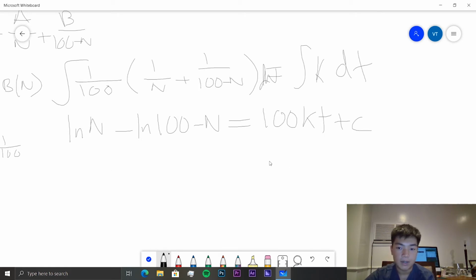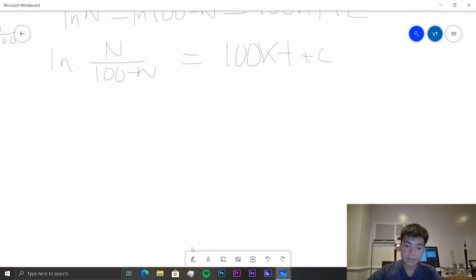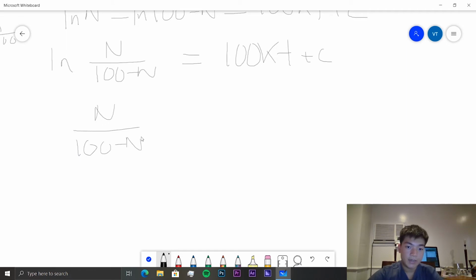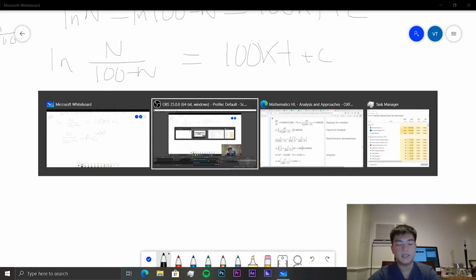So we can write this as ln of n over 100 minus n is equal to 100 kt plus c. And so we have n over 100 minus n is equal to some constant A times e to the 100 kt. Since remember, if we're raising e to the c, it's equivalent to having a constant at the front.